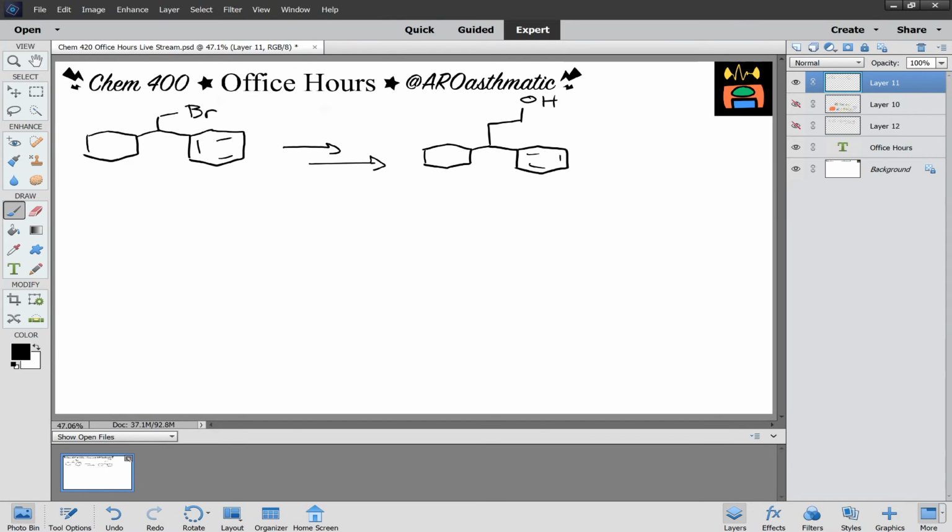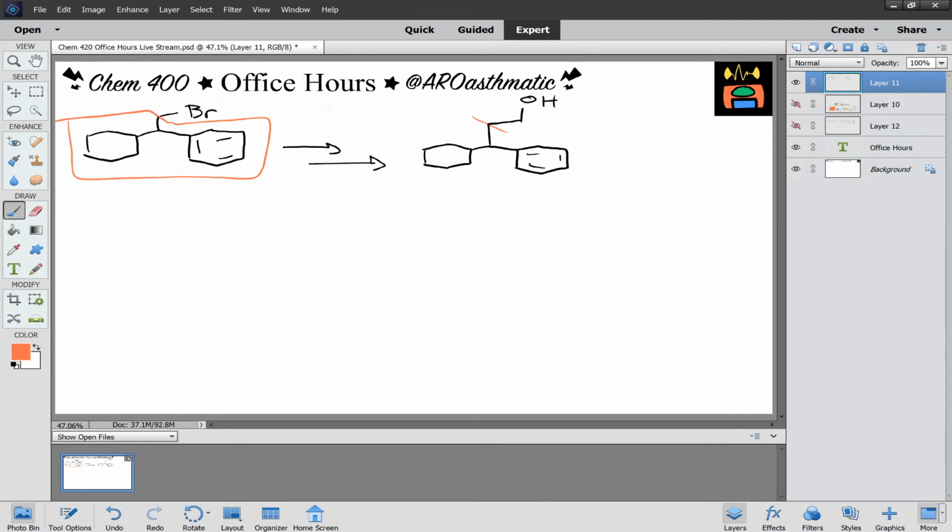All right, so here's the deal. When you look at the beginning and the end, you want to identify what's changing, right? Everything about the molecule is the same except for this part.